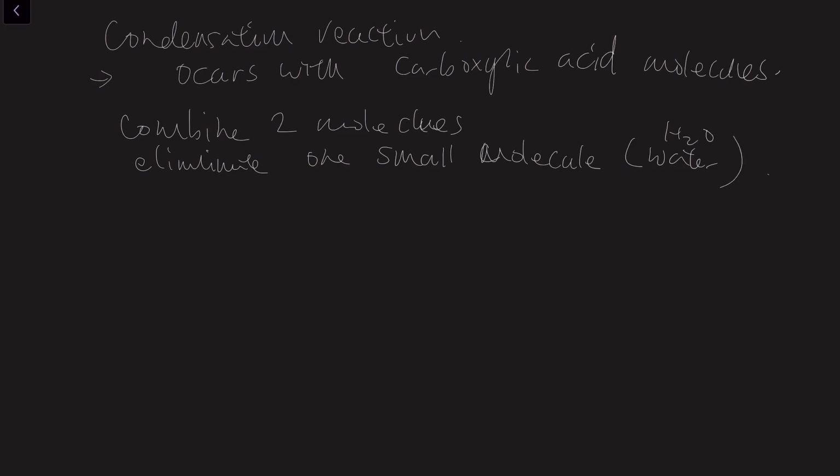So the product is the condensed form of the two reactants. It's joining the two molecules together, and one of the byproducts is a small molecule that has been eliminated.